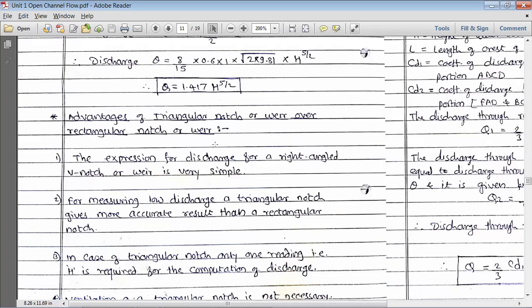In the formula above, we only have to find out h, and directly putting that value in this equation you will get the answer to the problem.